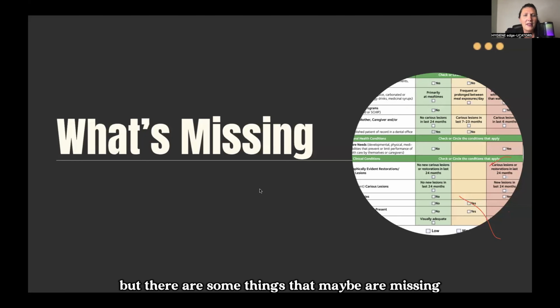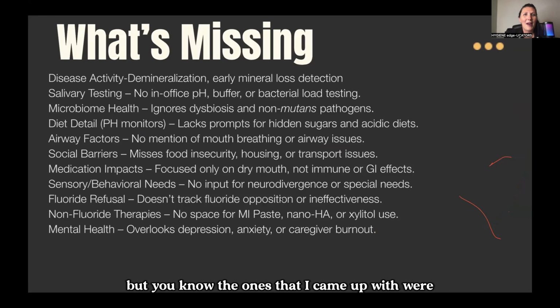But there are some things that maybe are missing on our caries risk assessments. They're already pretty lengthy, but the ones that I came up with were demineralization levels. There's a lot of different levels. Maybe we don't see salivary testing on some, testing the oral microbiome, diet, airway, social barriers, medications, sensory behavior, fluoride refusal, non-fluoride therapies, mental health.